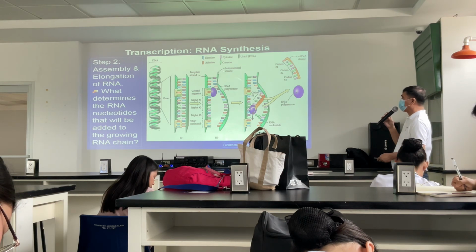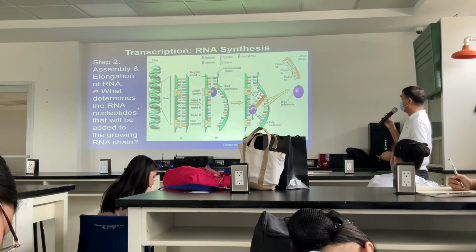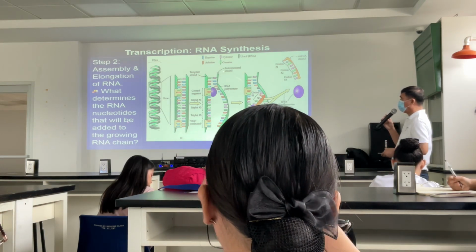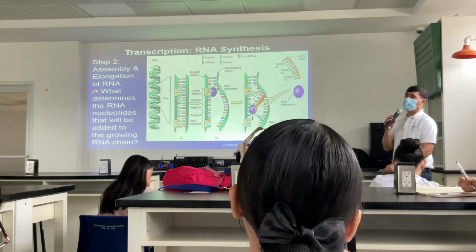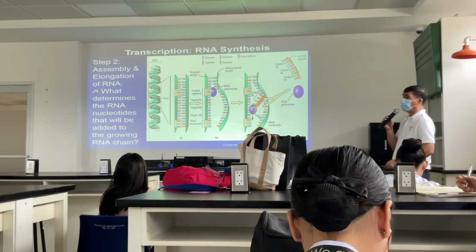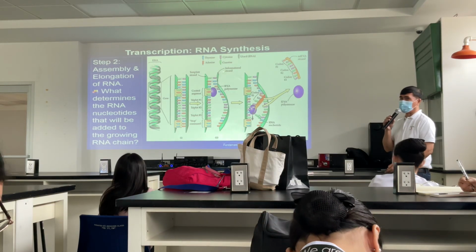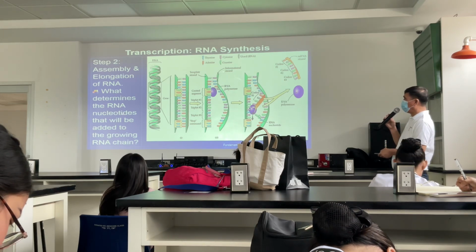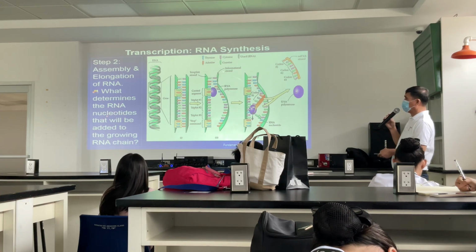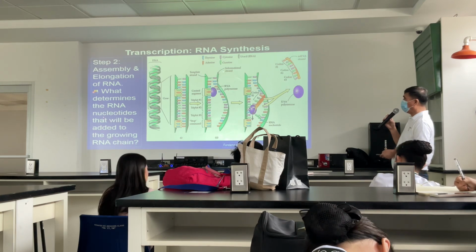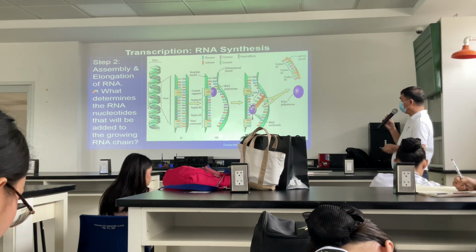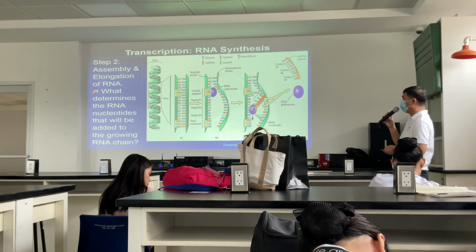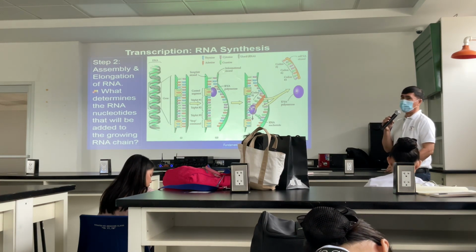What did we say? RNA is composed of ribonucleotides. So what determines the ribonucleotides that will be utilized in the synthesis of the RNA molecule? It will be determined by the sequence of bases found in the template strand.